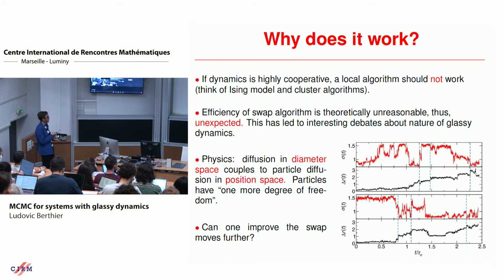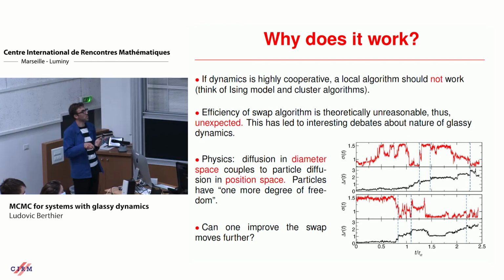They are strongly coupled. So we looked at time series of displacements and diameters for many, many particles. It's not totally clear what's happening, meaning it's complicated. There are cases where the diameter is changing a lot and the position is changing a lot at the same time. So you say, okay, the particle becomes small and then it has space to move. But it's not always the case.